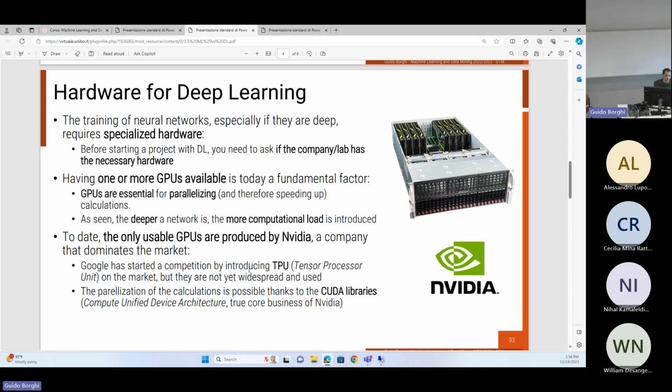And that's why we are forced to use NVIDIA GPUs. Maybe in the future, AMD will develop a deep learning library that will be adopted by different research laboratories. So maybe in the future we will have also GPUs created by AMD, but this is not the time.